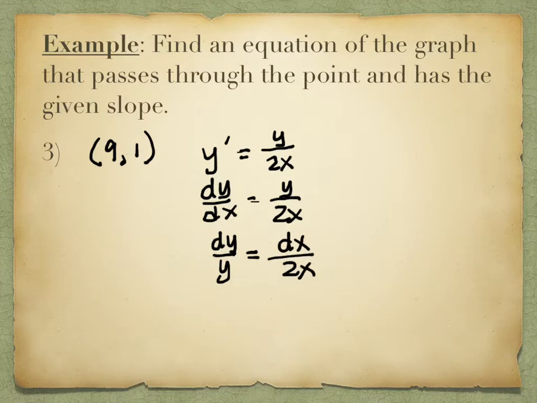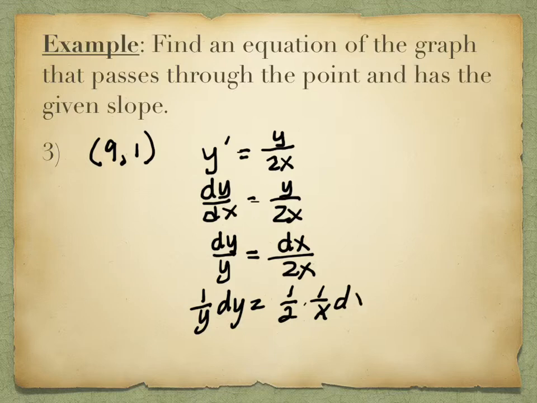Or if you want, you could write them as 1 over y dy equals 1 over 2x dx. Keeping in mind the 1 over 2x, don't lose track of what's happening here. Let me write it this way just to make it very clear. This is really 1/2 times 1 over x dx. So when I'm integrating this in just a moment, we need to keep that in mind.